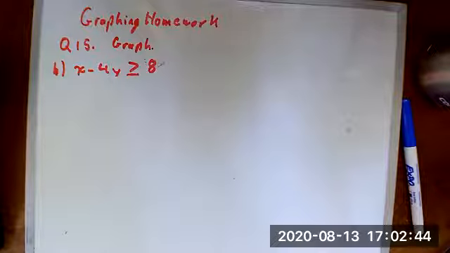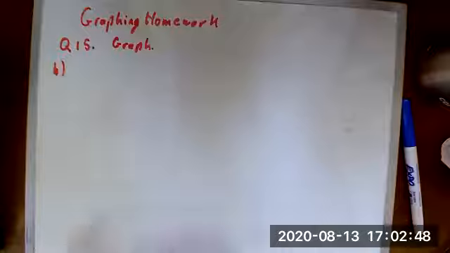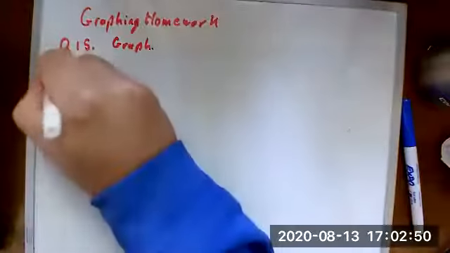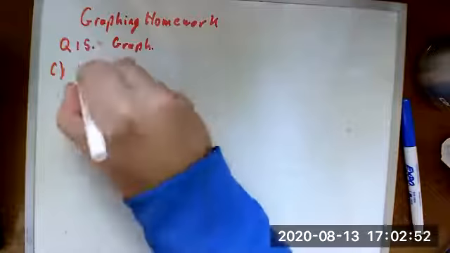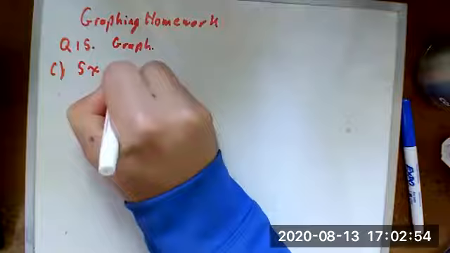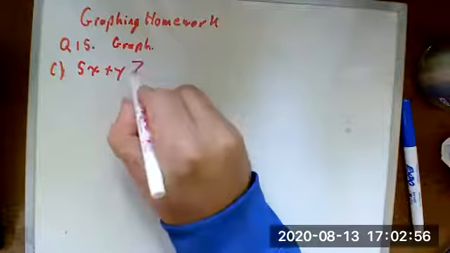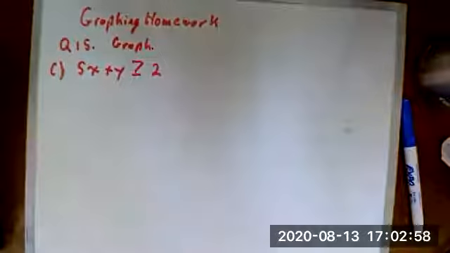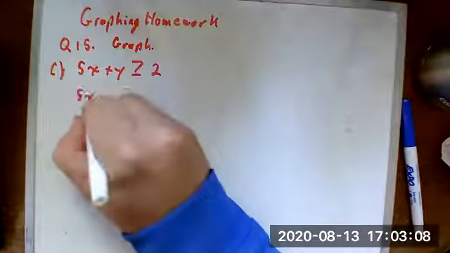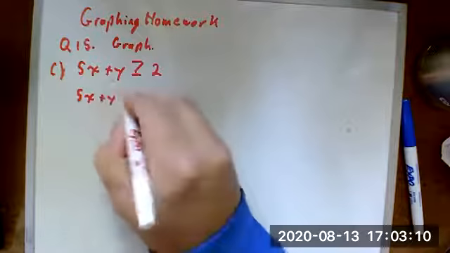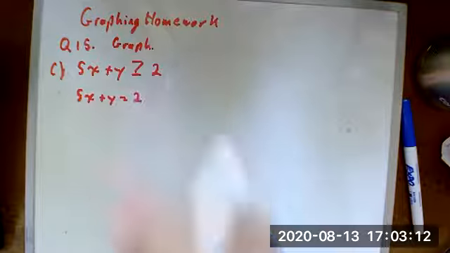So C, oops, forgot to get rid of one. C is going to be 5x plus y greater than or equal to 2. We want the related equation, 5x plus y equals 2.